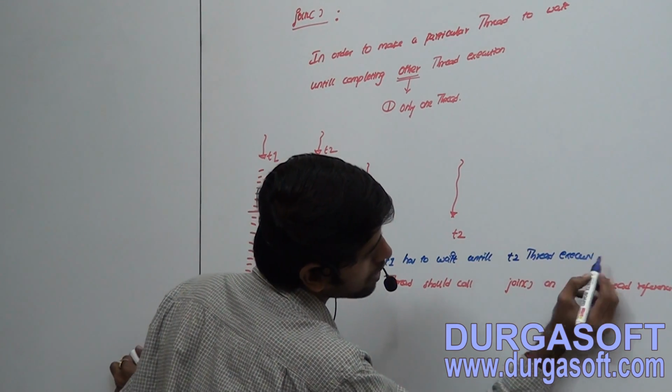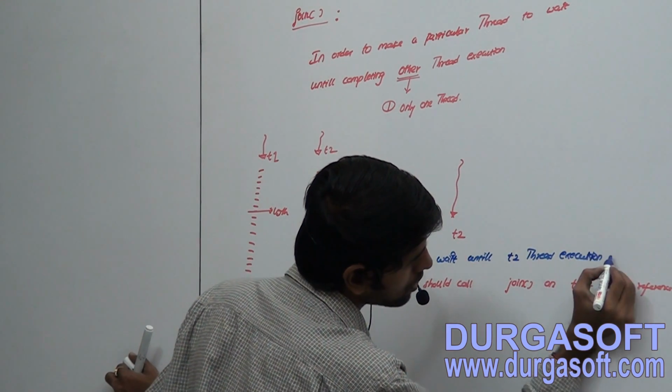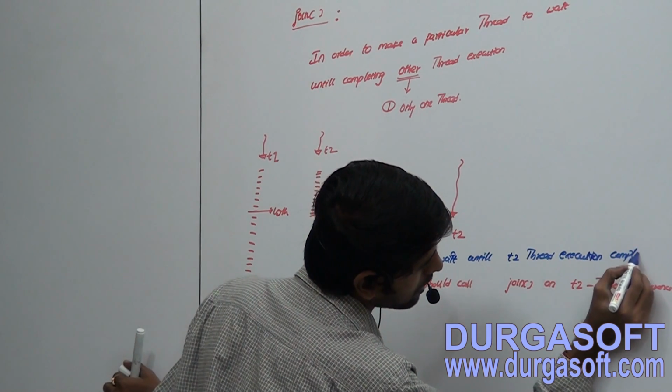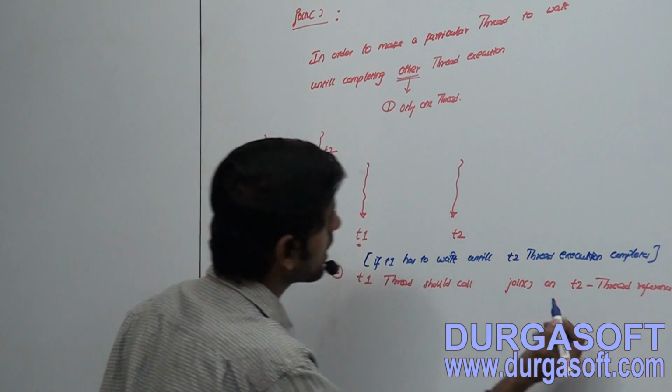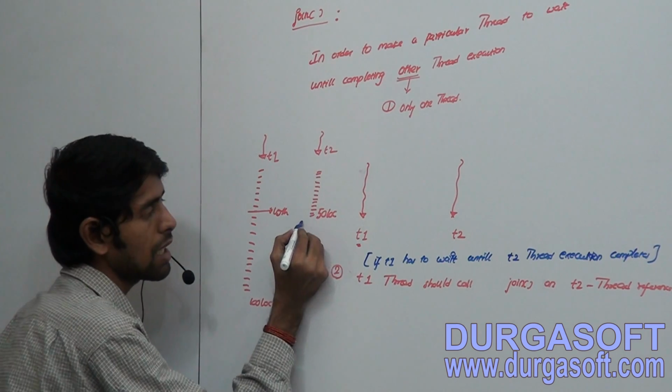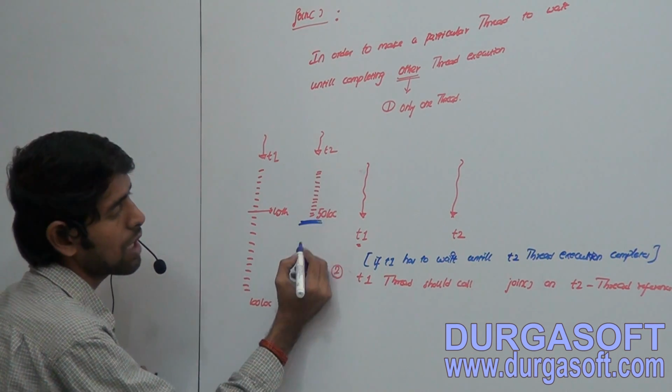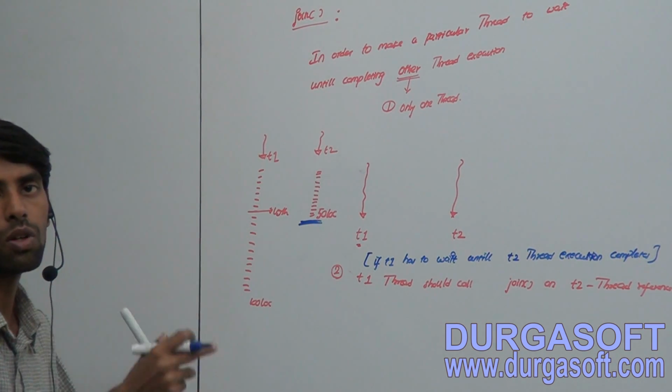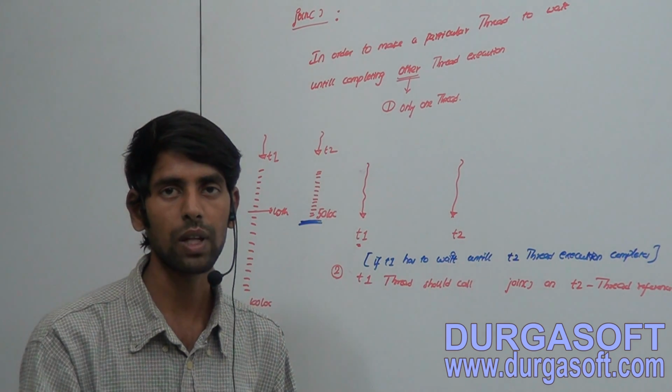Execution completes, what's the meaning here? It has to wait until T2 thread executes its job, or executes its piece of code, or until it goes into the dead state, simply. Okay, that is the meaning.